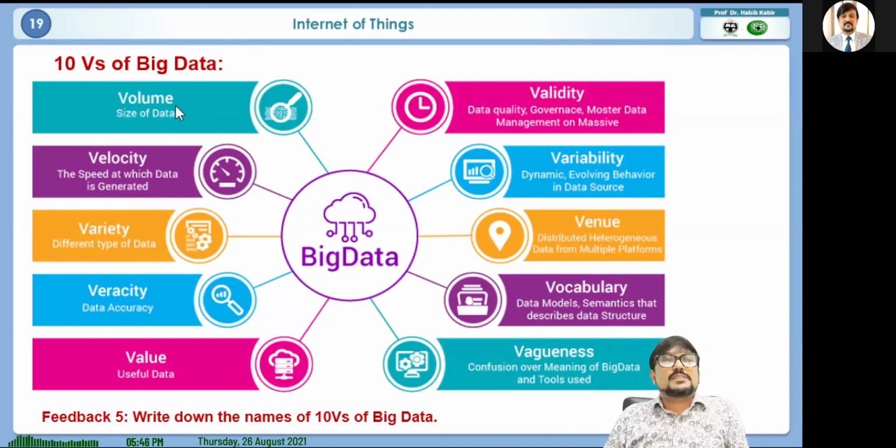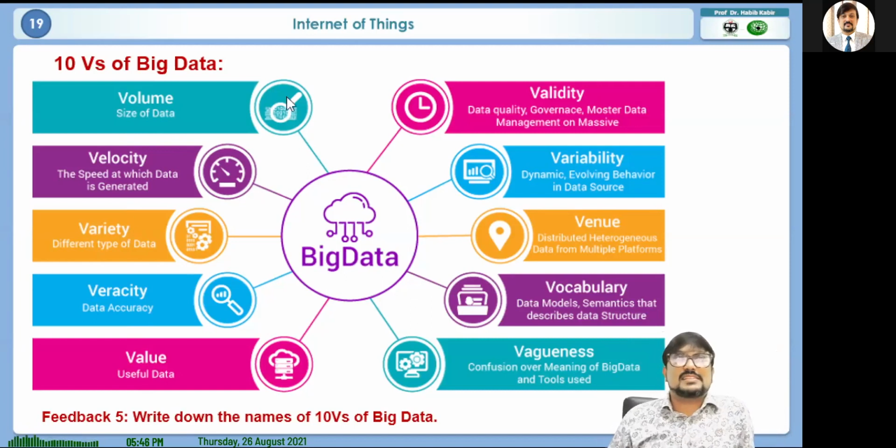Maybe sometimes it is said that the first 3 V's are enough for a big data definition. Somebody said that the first 5 V's are enough for a big data definition. But whenever you want to be the designer, that time the later 5 are also needed, because these are connected with machine learning, deep learning, and AI. And these are connected with getting the data.